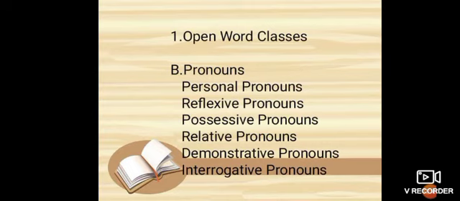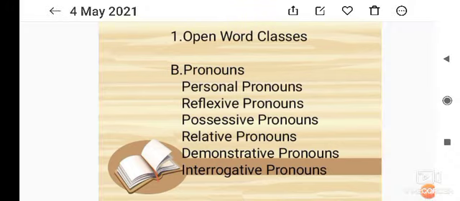Then kinds of pronouns. There are 6 kinds of pronouns. These are as follows. Number 1, personal pronouns. For example, I, we, you, he, she, it, and they are called personal pronouns because they refer to the people who are involved in the art of communication.